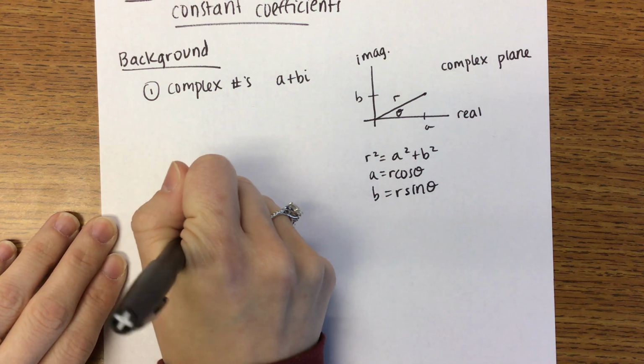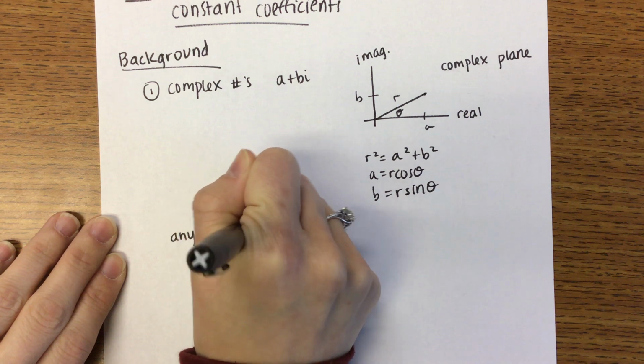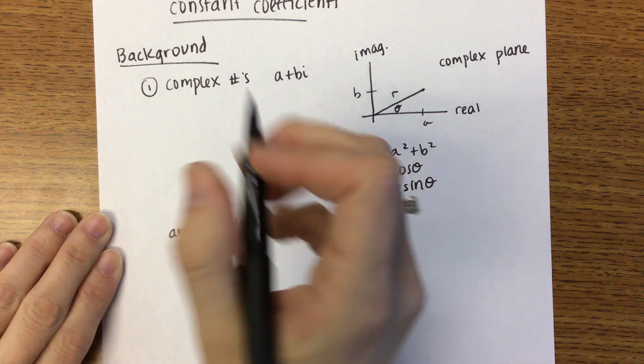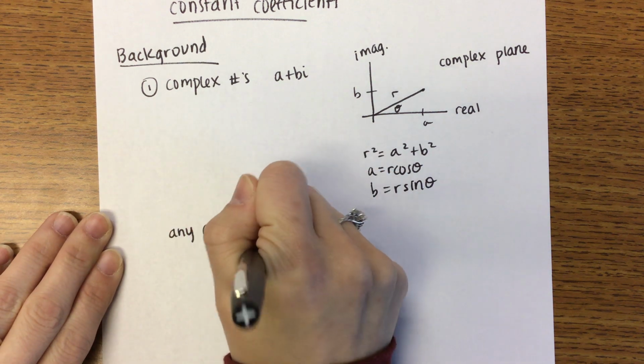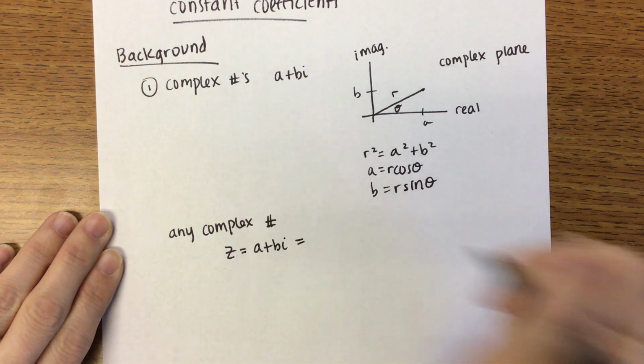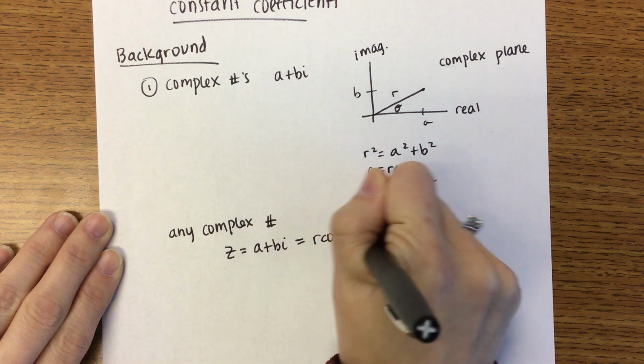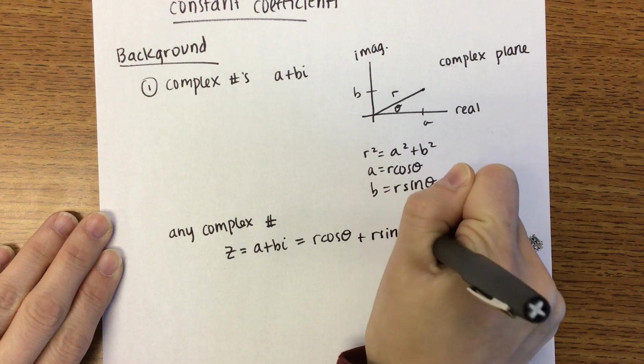Okay, any complex number could be written in the following form. Let's say that we call it z. It could be a plus bi, or another way to write this is r cosine theta plus r sine of theta times i.